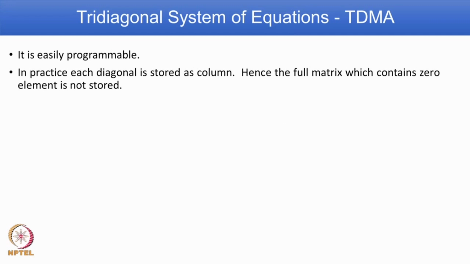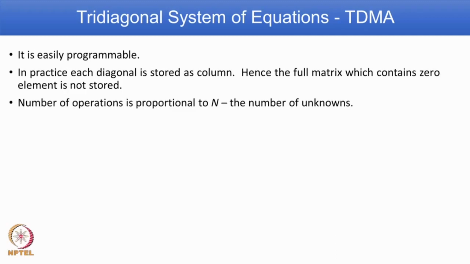So, overall, as you observed through the example problem and also through the recursive relationship, we understand it is very easy to program, and in practice you do not actually store the full coefficient matrix, only the diagonals are stored as separate column vectors.